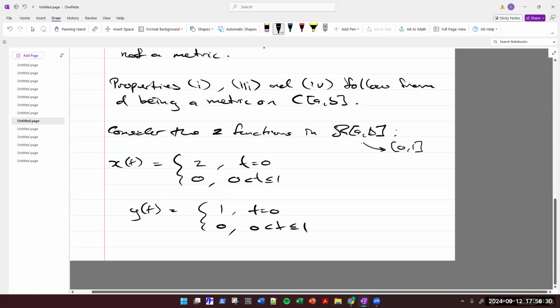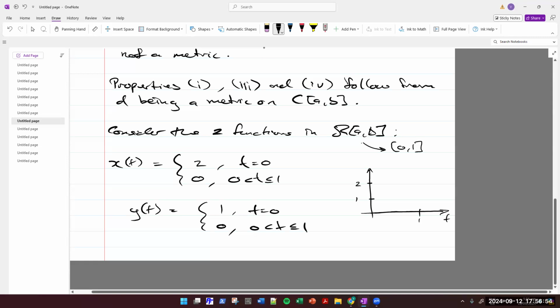Okay, so what do these functions look like? Let's do a little sketch. So here's your t-axis. They are both 0 for almost all the points. There's 0, except here's 2 and here's 1.